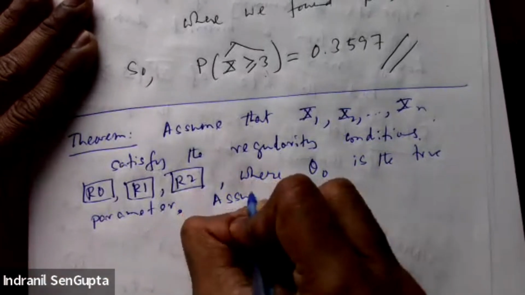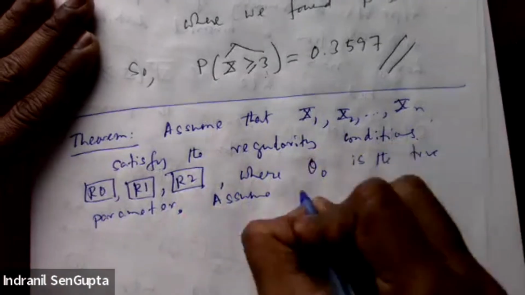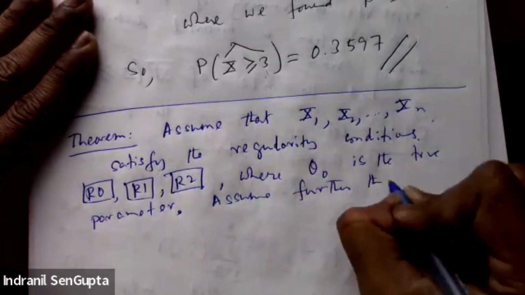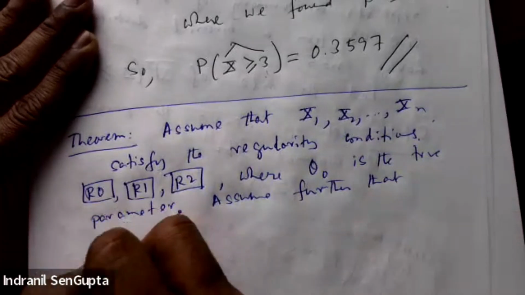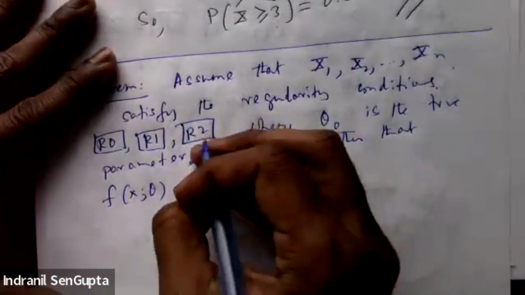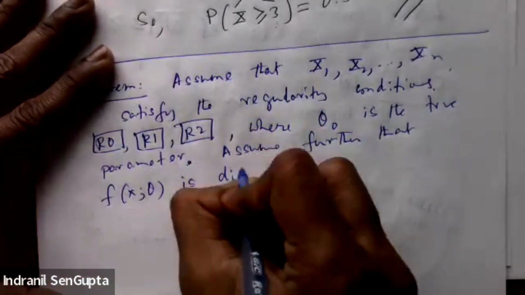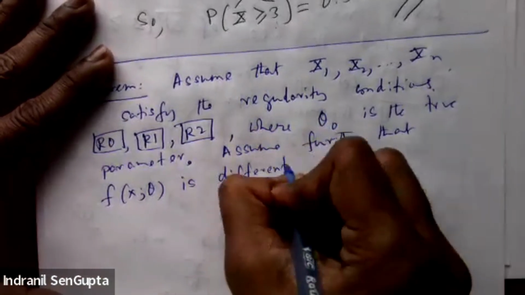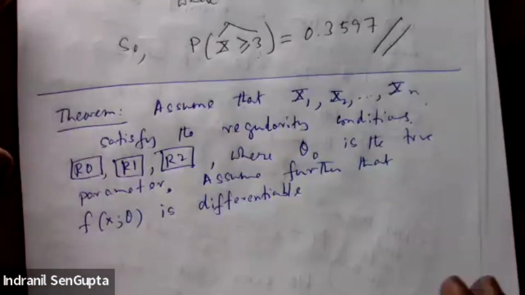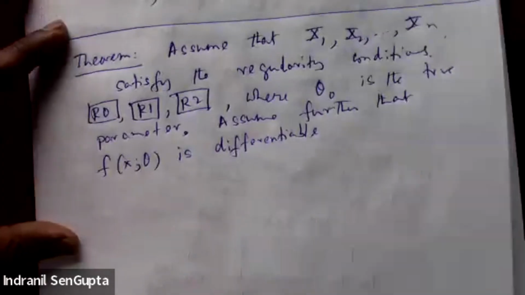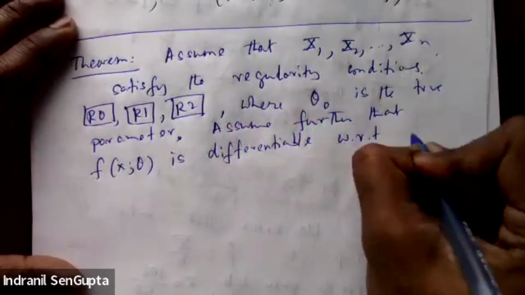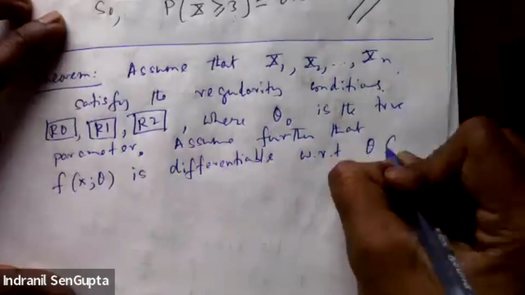Assume further that this f(x, theta) is differentiable with respect to theta when theta is in omega.